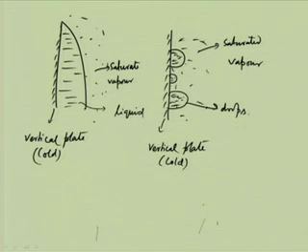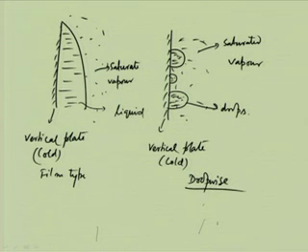This is the cold plate in both cases. So, we can understand this is film type and this is dropwise. Now, there is a saturated vapor and this surface is cold.